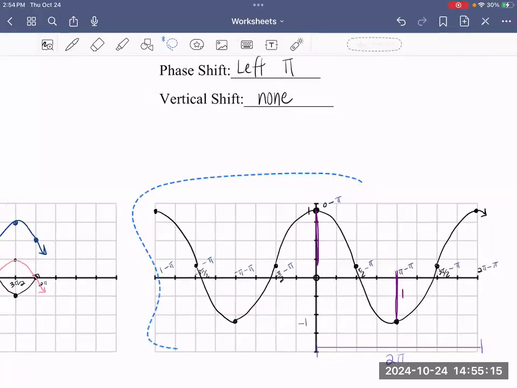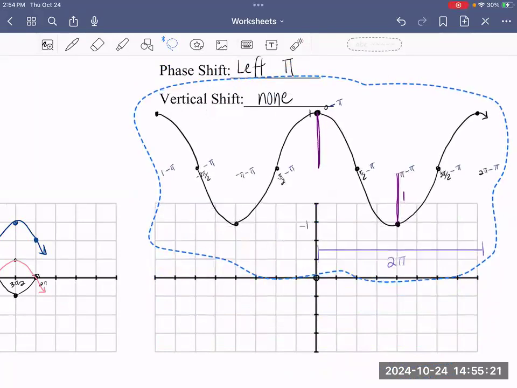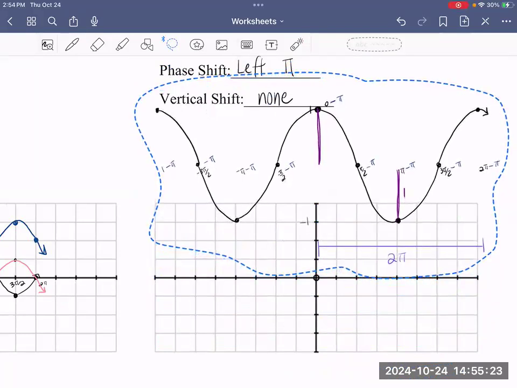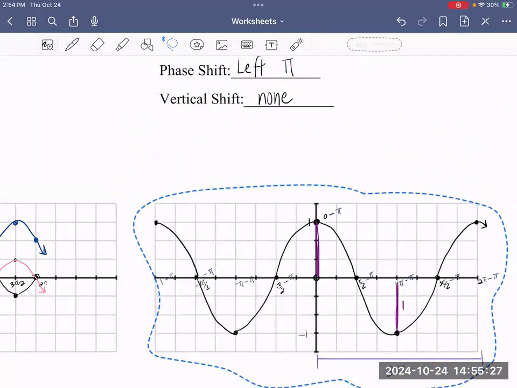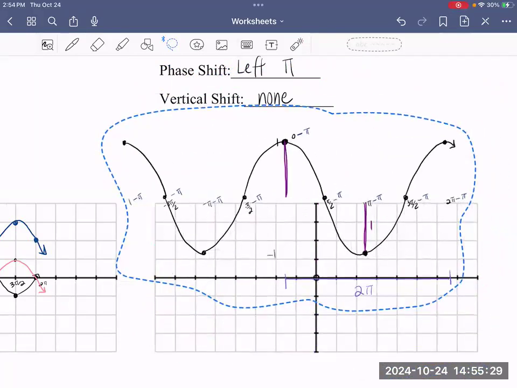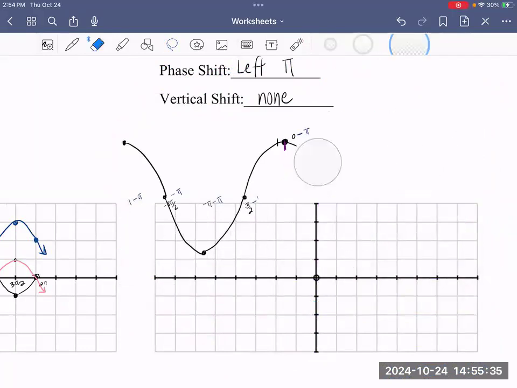I think so. I think I'm going to put this graph right on top so that you can see that phase shift. I'm going to put it maybe right here. Oh, or maybe I get rid of it altogether, and then I'll just show you before.